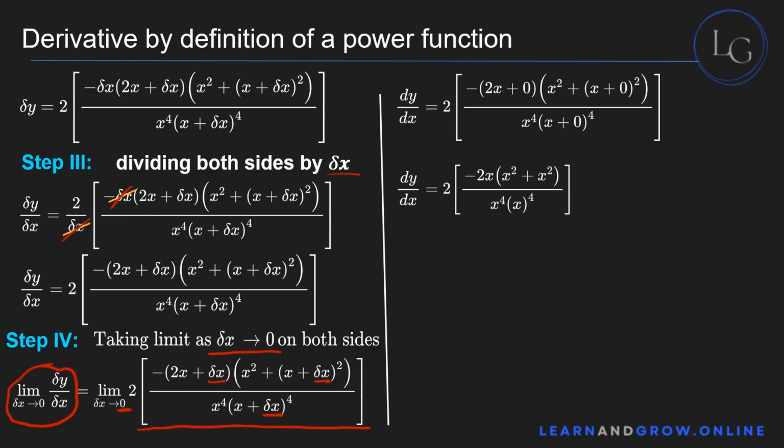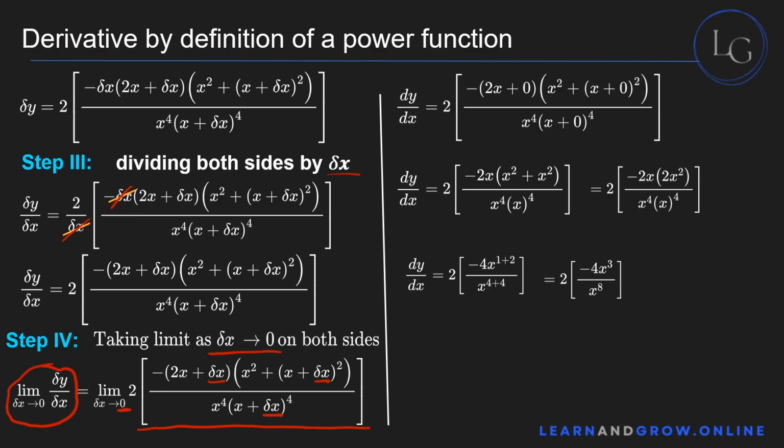And when you solve this, when you do all the calculations, you end up with this in the end. And now, when you add x squared and this x squared, you get 2x squared. And so this is what you'll end up with eventually. And upon further calculation, you get 2 into minus 4x cubed over x to the power 8.